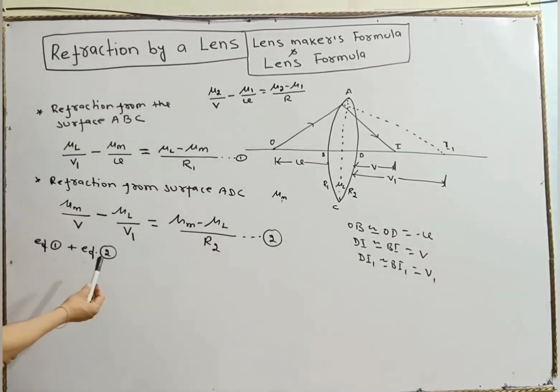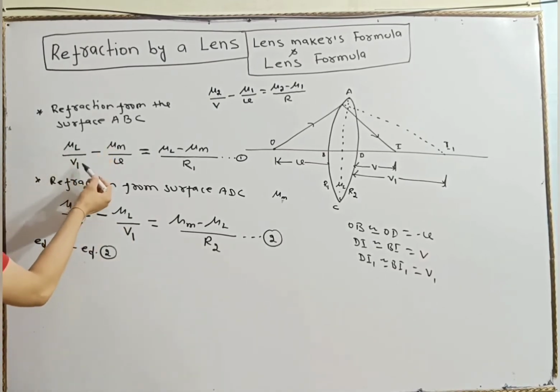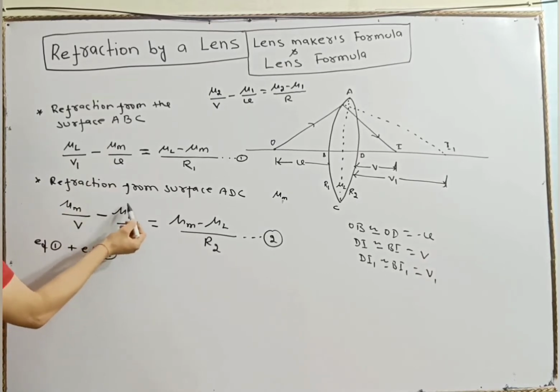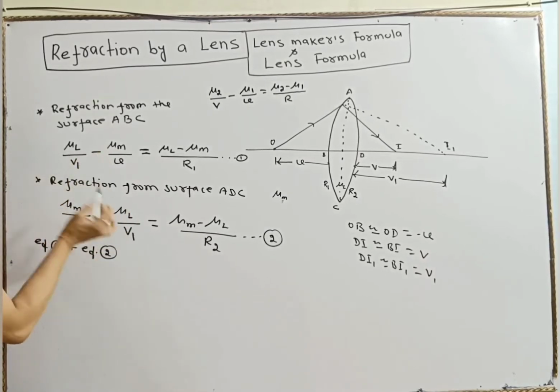Now add equation 1 and equation 2. See, here is mu L upon V1, and here is minus mu L upon V1. They cancel out.